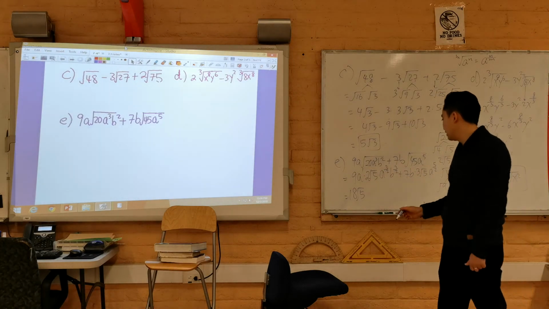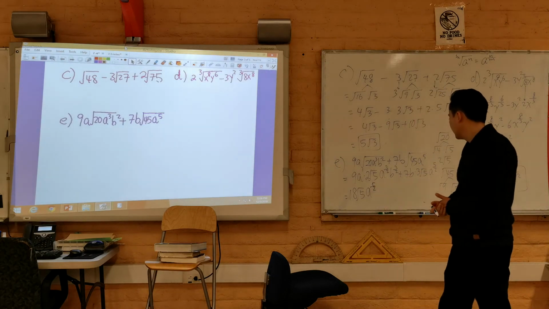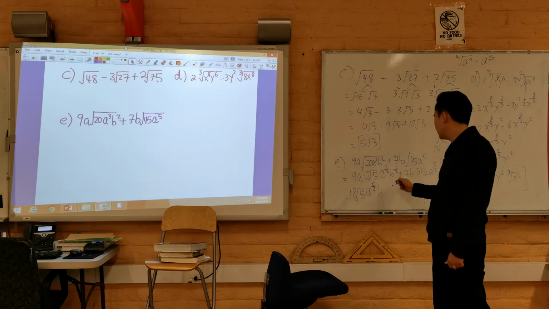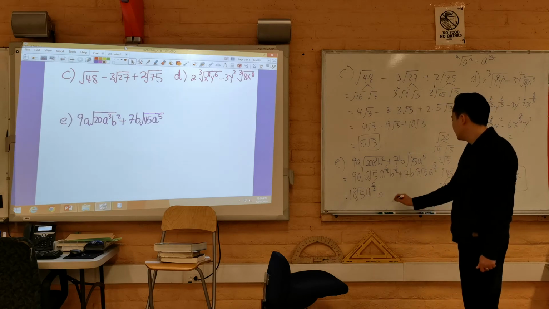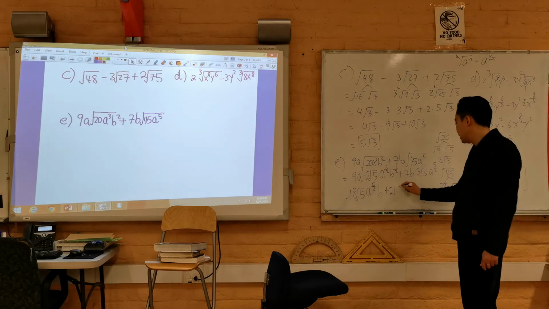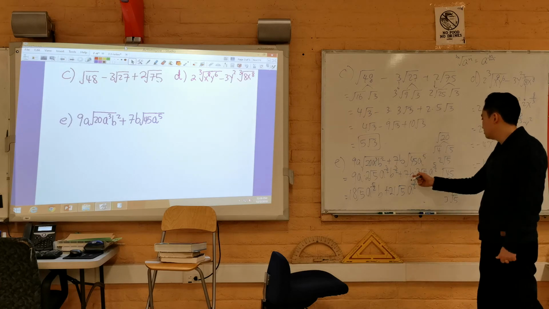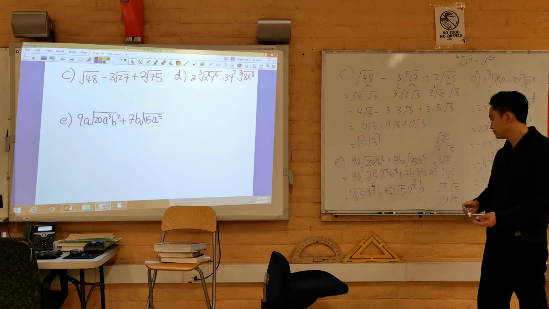So for that one, we have a to the power of 5 half. And then b to the power of 2 over 2, that's just b. Now for the second term, we have 7 times 3 root 5, so 21 root 5, and then a to the power of 5 half, nothing we can do about it yet, and then b, just leave it.